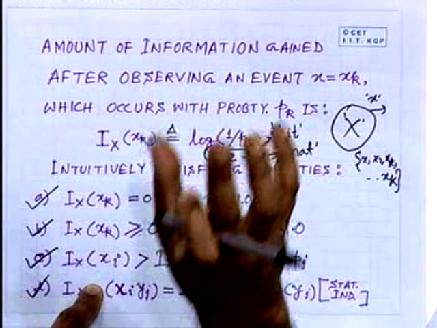I have defined an event so that x equal to xi and y equal to yj. That is my event. Now I am trying to find the information defined over the joint ensemble, so I am writing capital X semicolon capital Y, where x equal to xi has occurred and y equal to yj has occurred.